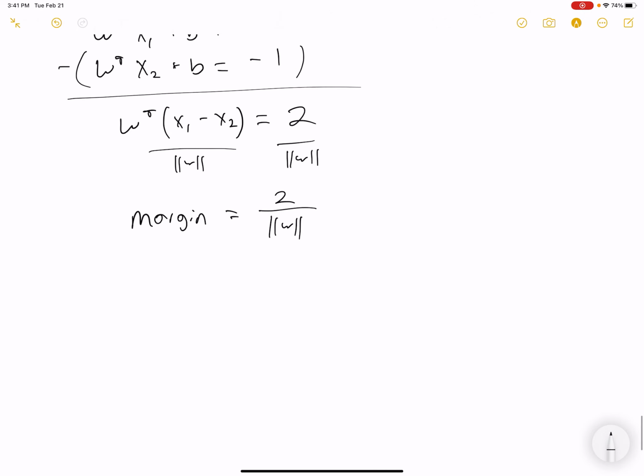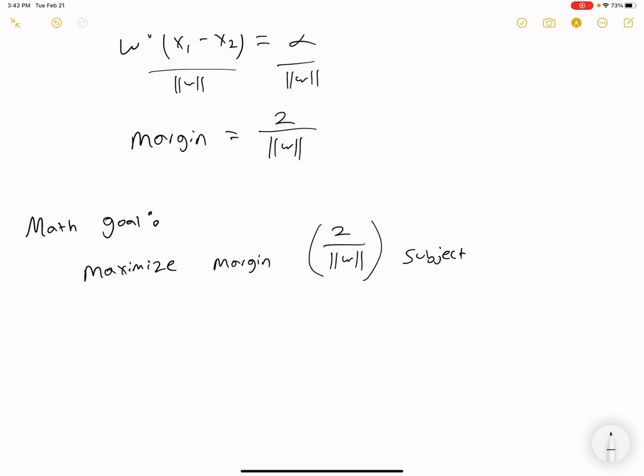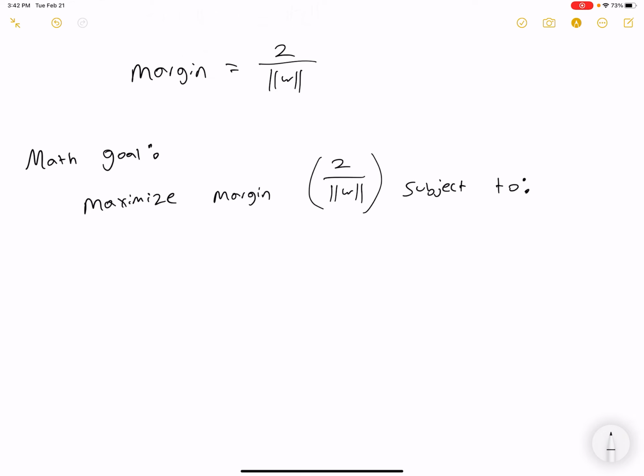And so what we want to do is to optimize that margin. So the math goal is to maximize that margin. We want to maximize the distance between the separating margin equations for each class. So maximize the margin, which, as we saw, is 2 over norm of W, subject to certain constraints. And this is a slightly different type of optimization. So one constraint is that the margin has to be greater than or equal to 0.